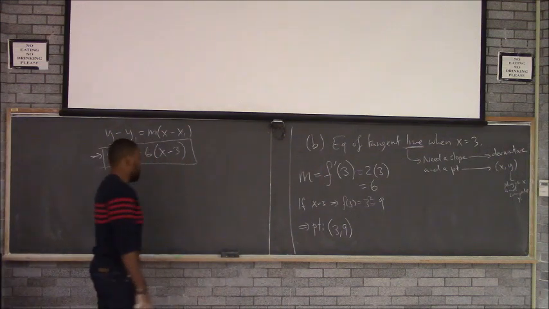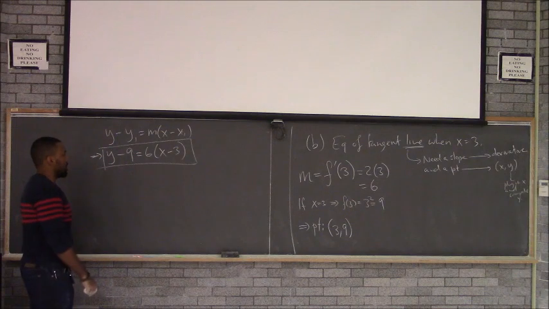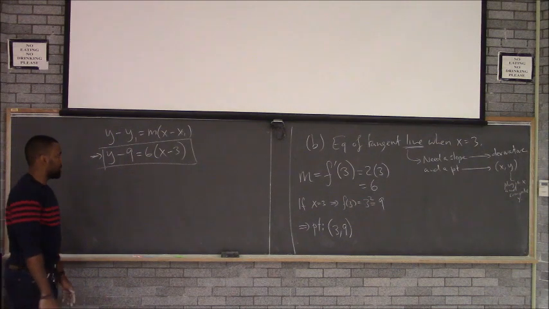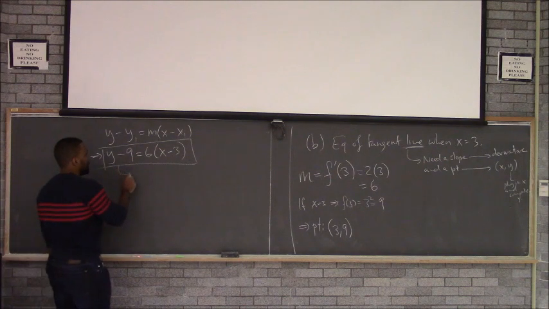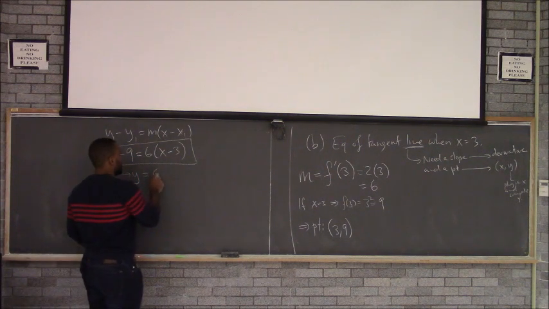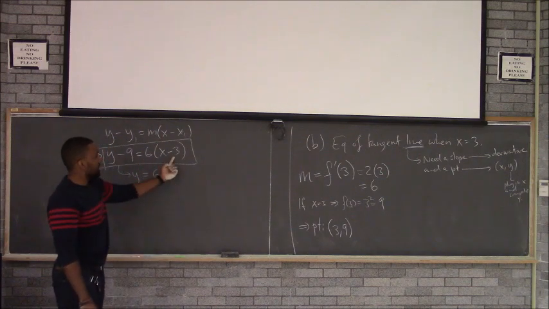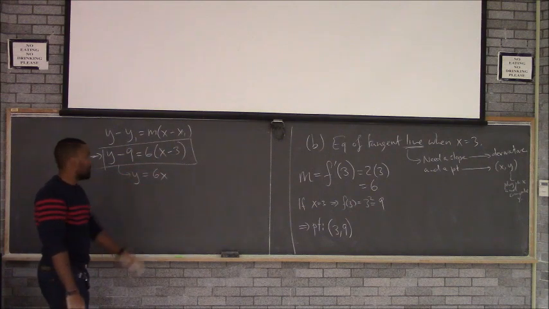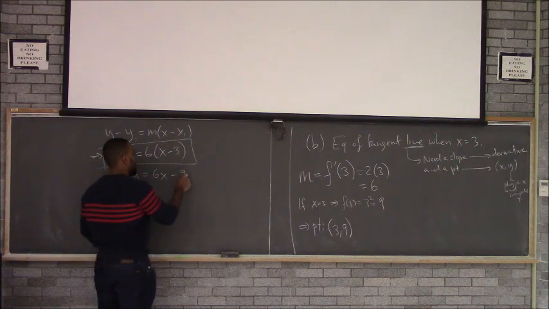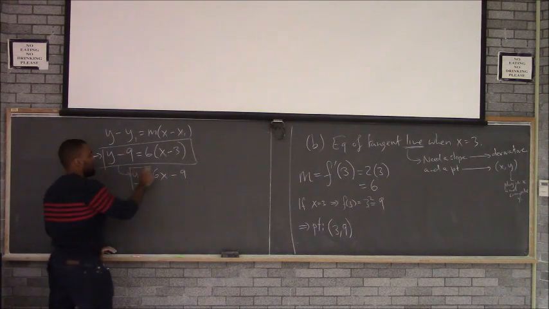Now, you can occasionally write this as y equals mx plus b. In calculus, I don't tend to care usually, but you could if you wanted to. This is going to be equal to 6x, minus 18, plus 9. So that's minus 9. Or you could write that.